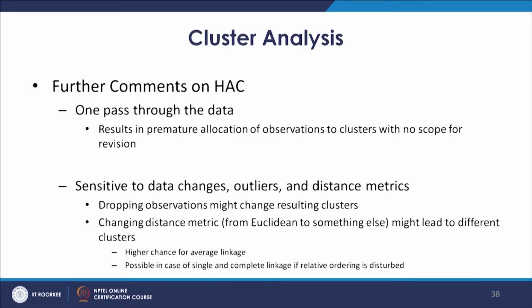Then the next limitation of this particular technique is a major drawback, where we just do one pass through the data. The way the whole clustering process pans out in HAC, we just go through the data once, right. So if some premature allocation of observations to clusters happens, then we are not left with any scope for revision.